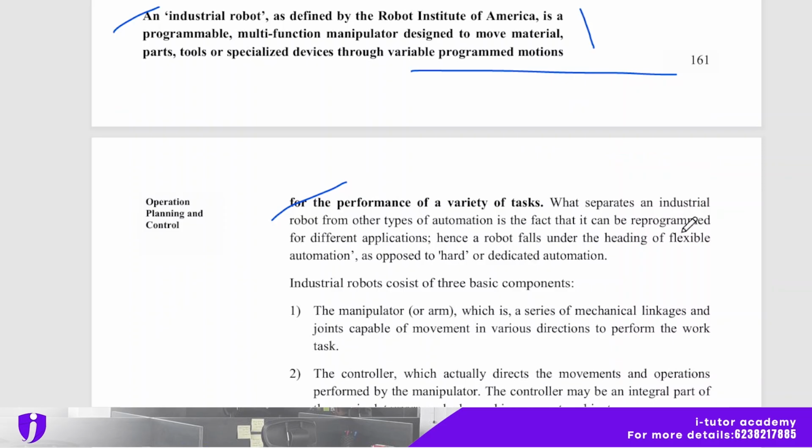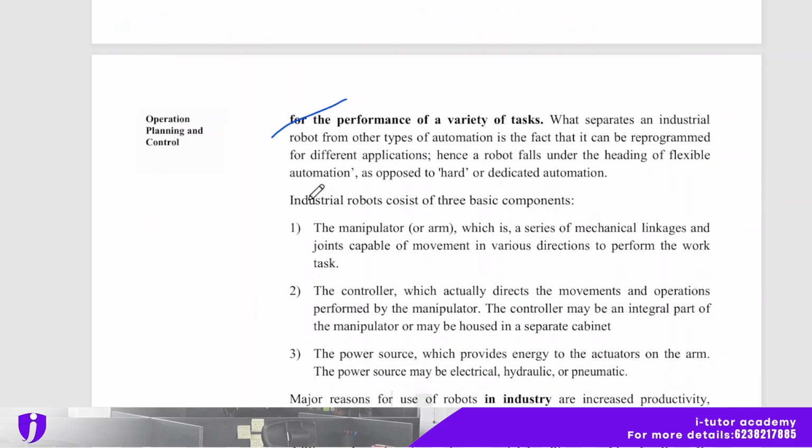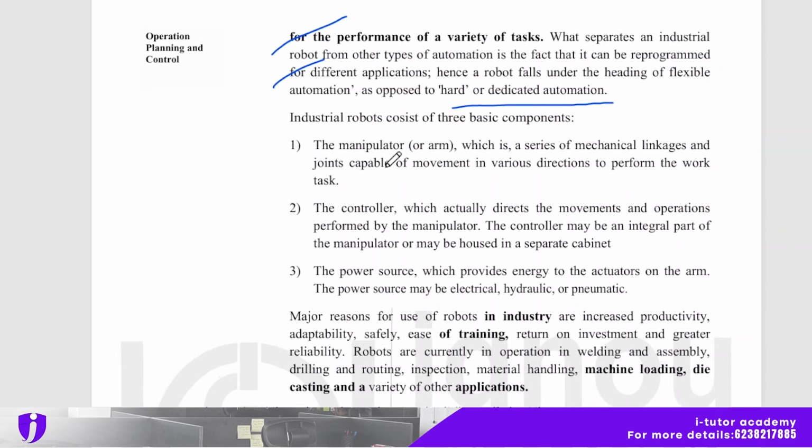And what separates an industrial robot from other types of automation is the fact that it can be reprogrammed for different applications. Hence, a robot falls under the heading of flexible automation as opposed to hard or dedicated automation.